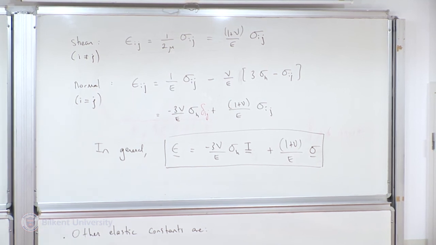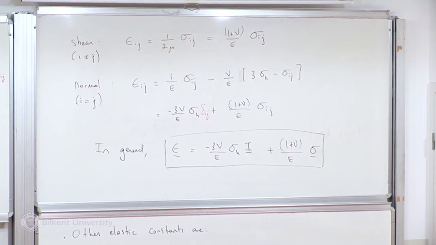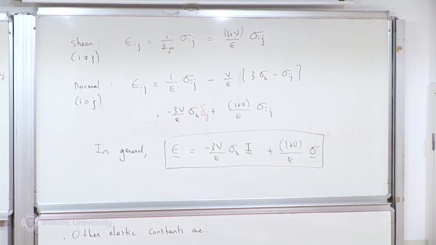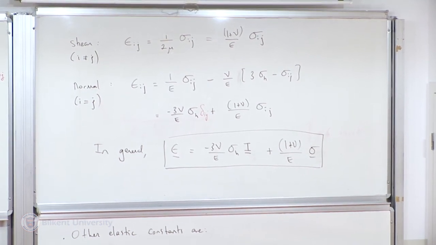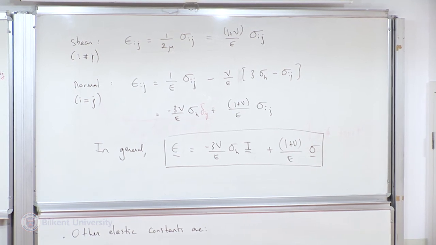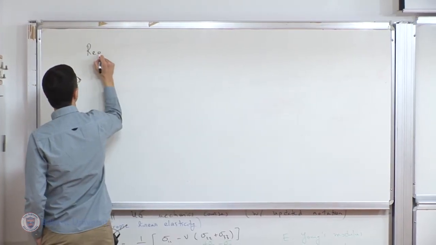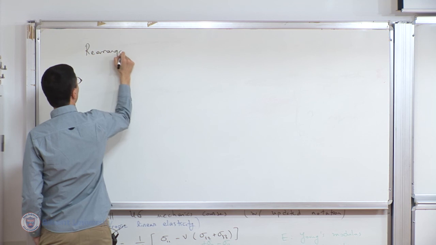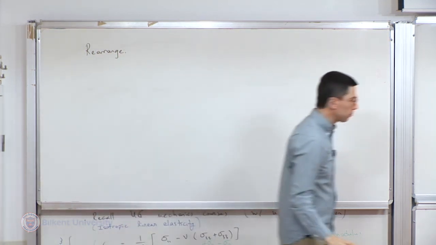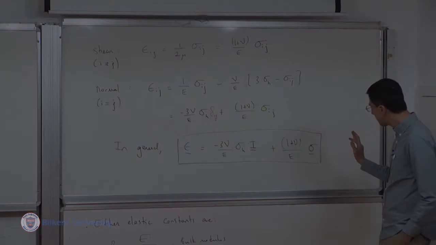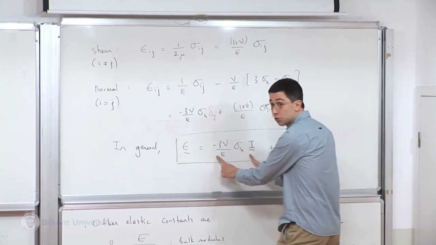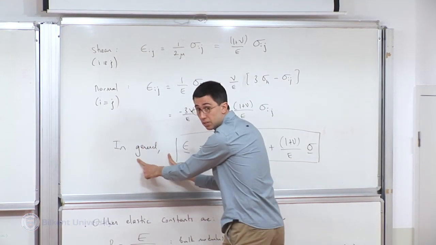All right, and now I am almost done. What I now aim to do is have stress on the left and strain on the right. So let's rearrange that. Okay. So I'm going to take this term, put it to the left-hand side, step number 1.